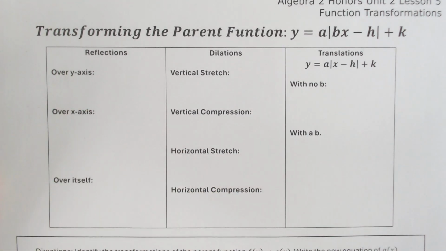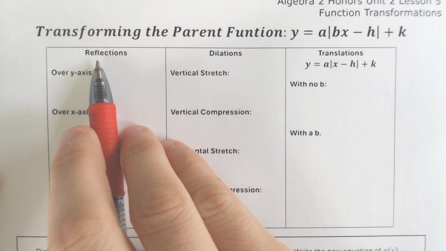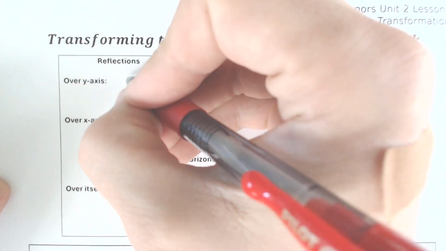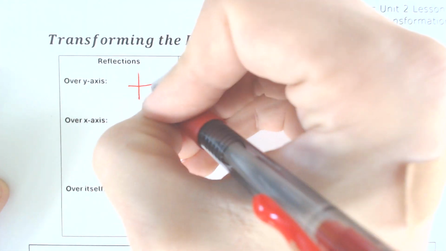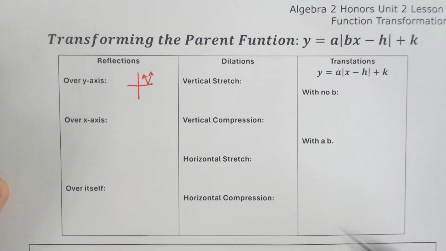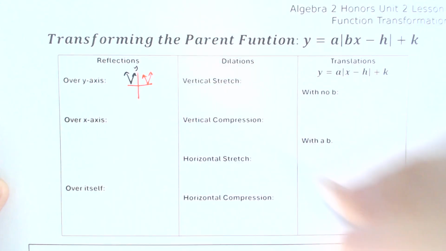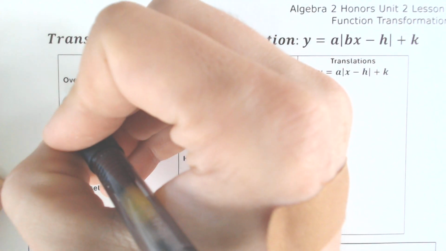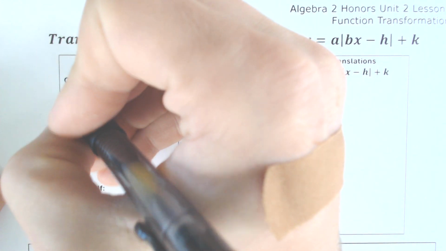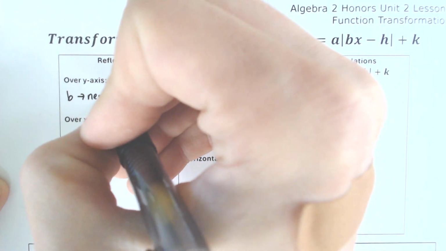Okay, so the first thing we're going to start off with is reflections. If it is reflected over the y-axis, that means that the original function went from here, and then if this is the y-axis, it would flip over to here. In order to do that, you would have to change the sign of the b and make the b negative.